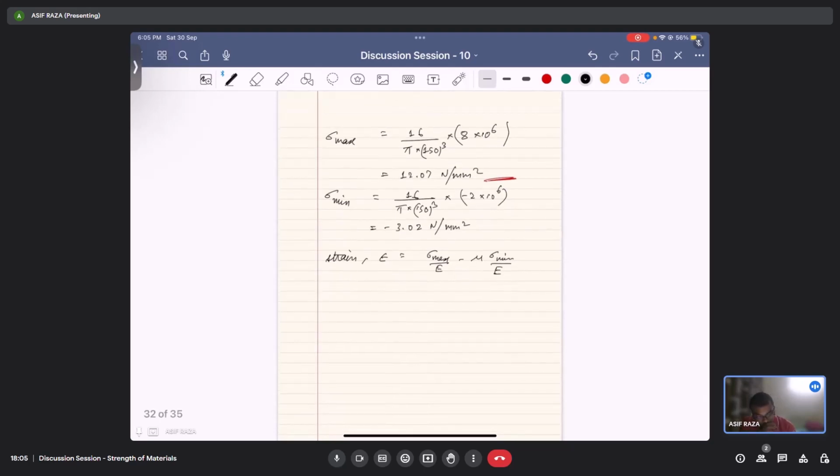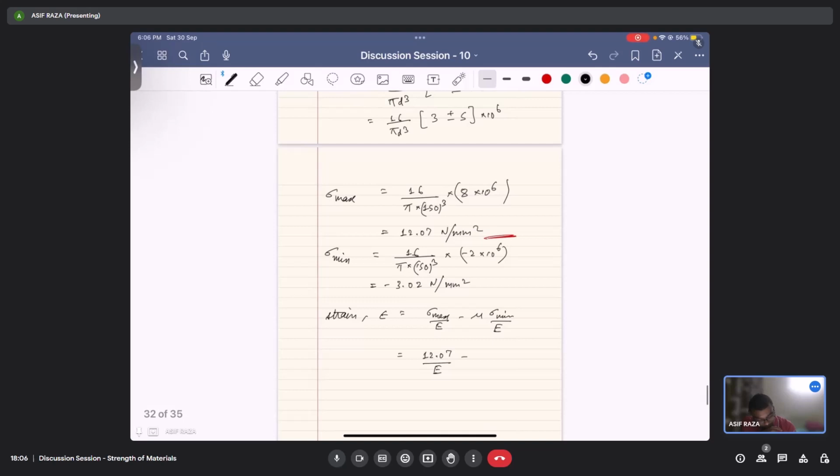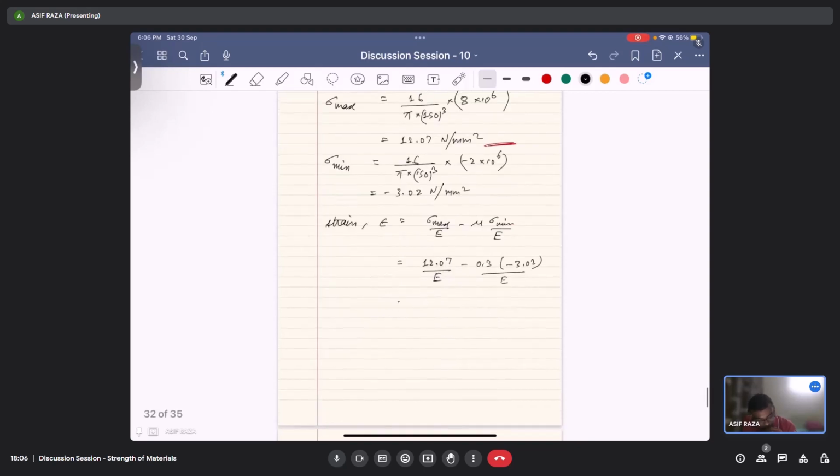And this would be equal to sigma max is 12.07 by E minus, this would be 0.3, right? 0.3, and this is minus 3.02 on E. 0.3 into 3.02 plus 12.07.